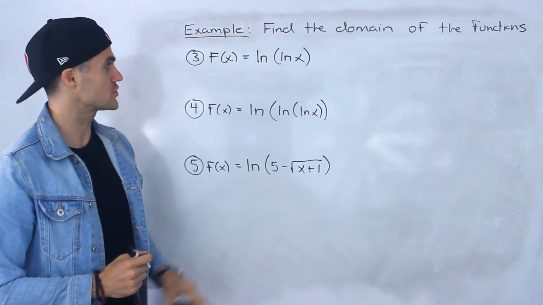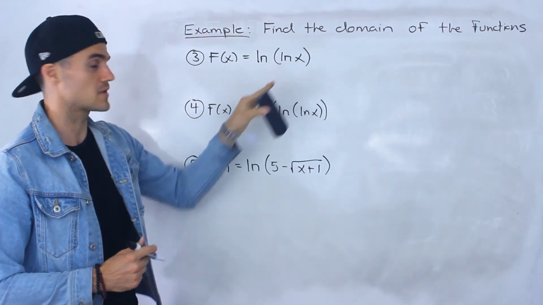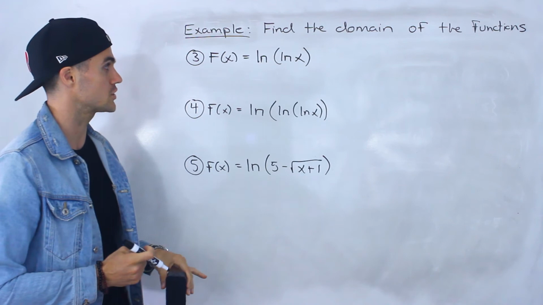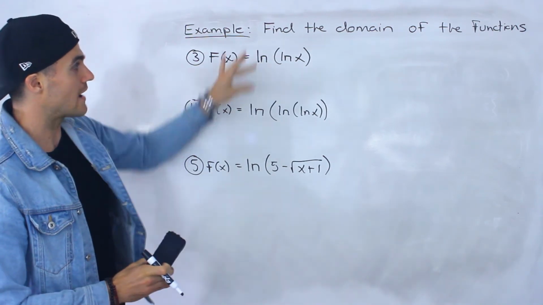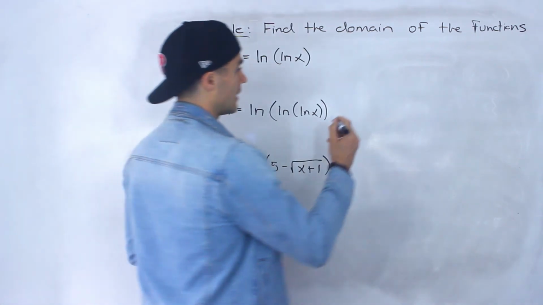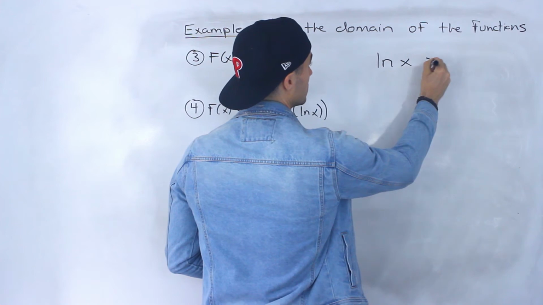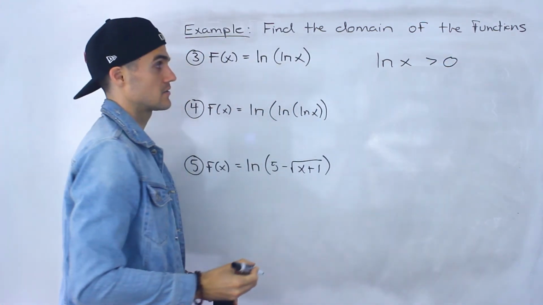Moving on to the third function, we've got f of x equals ln of ln x here. So notice we have two lns within the same function, but the same thing applies if we have ln of some kind of expression. We've got to find out when that expression is greater than 0.